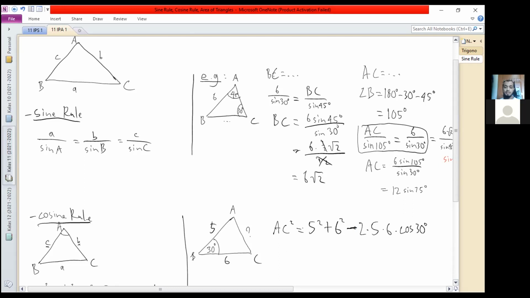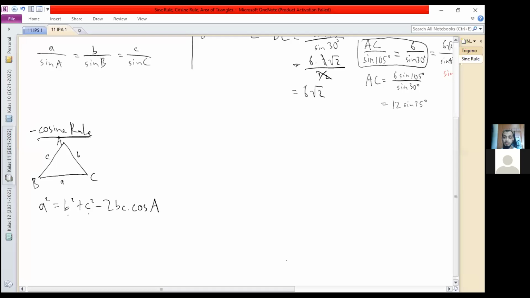So what is AC? AC squared is 25 plus 36 minus 2 times 5 times 6 times cosine 30 degrees, which is 1/2 square root of 3. So we still have AC squared, and to find AC, we need to take the square root.